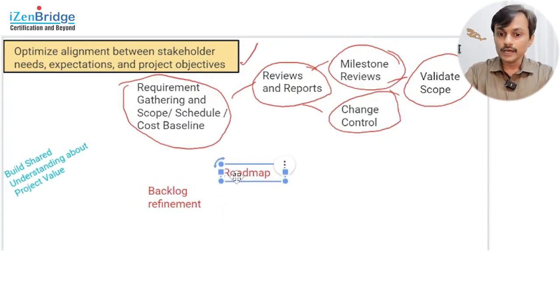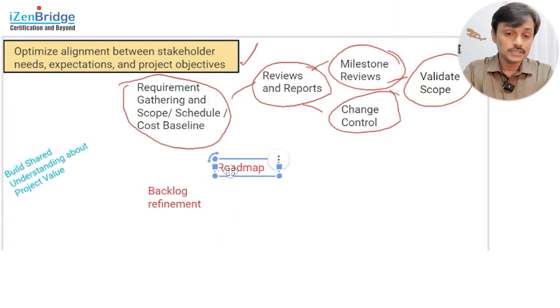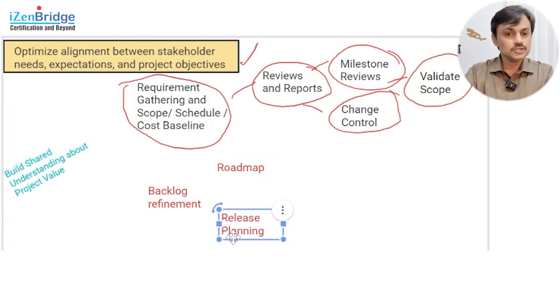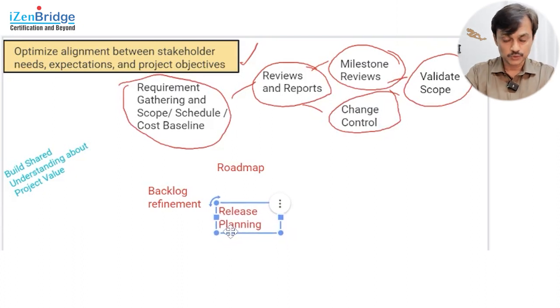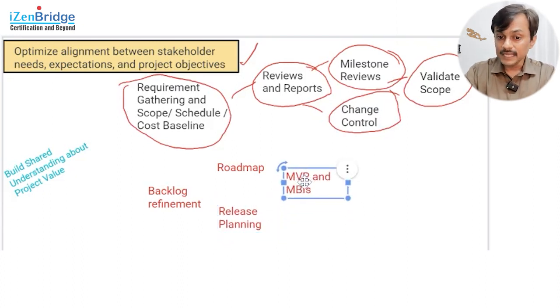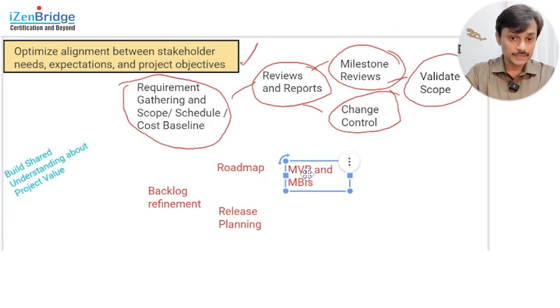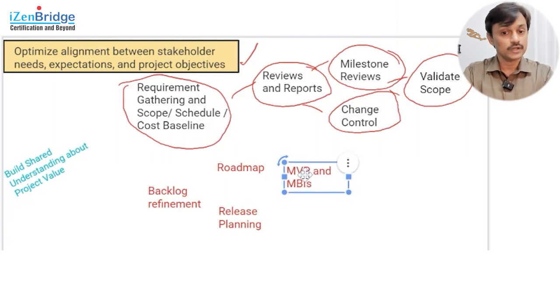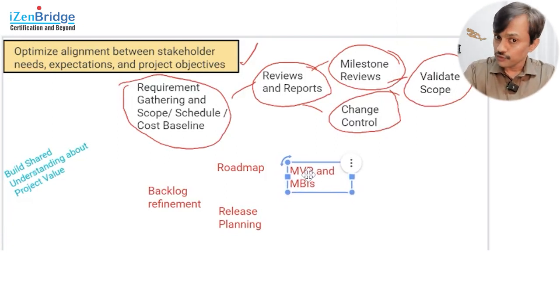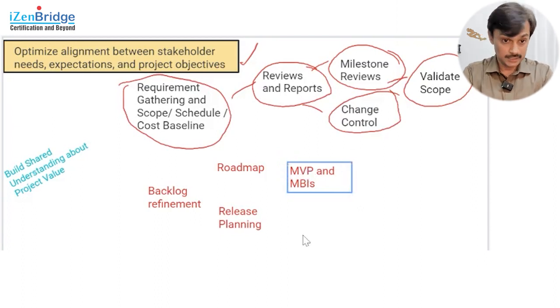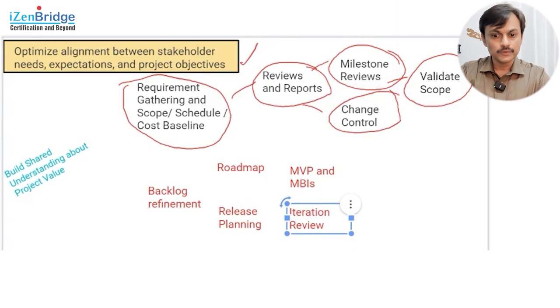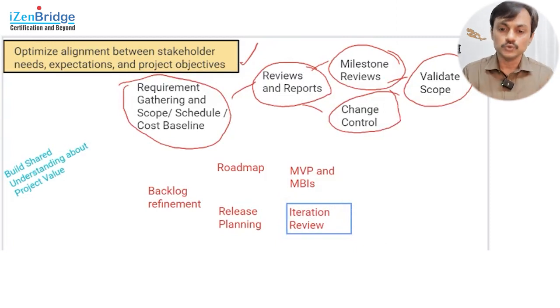You need to have a roadmap understanding, agreement on the vision and the roadmap, and create a release plan so that we have an alignment on what we are trying to do together, identifying the minimum viable products and minimum business increments and pushing those releases on a frequent basis to understand how we are doing. Taking feedback on them is another alignment process. Your iteration review or sprint review is another important tool for ensuring continuous alignment.